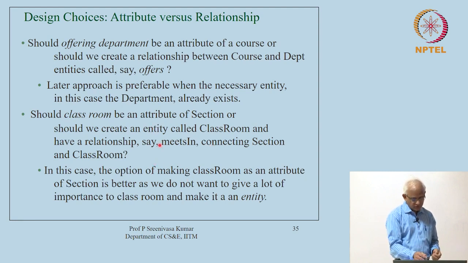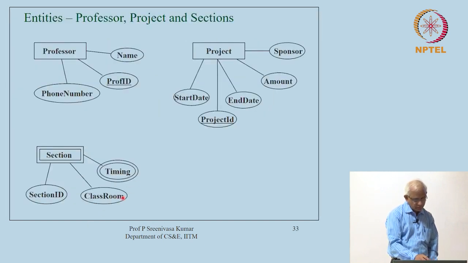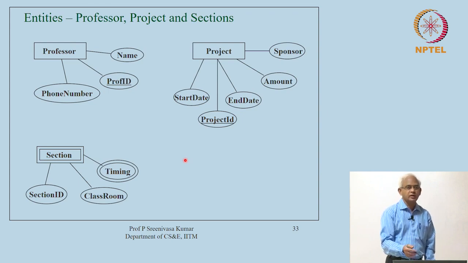What we have done in this case, if you go back to the picture, is simply make classroom an attribute. We did not model classrooms as entities; we simply captured that information as an attribute of section. Again, this is a design choice, and in our information system we are not keen on keeping track of a lot of other information about classroom, such as what equipment is in that classroom, who is in charge of its upkeep, and who has the keys and where the keys have been issued.